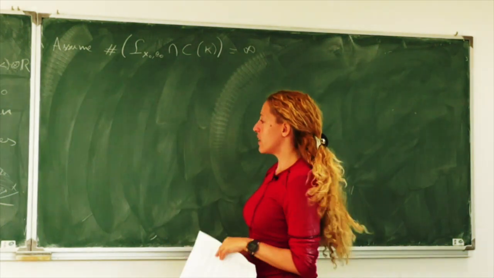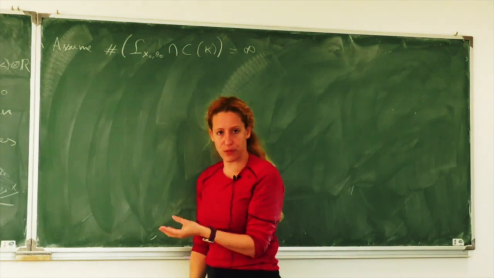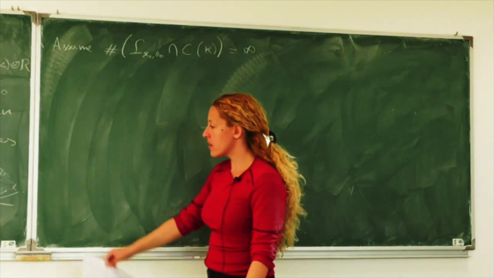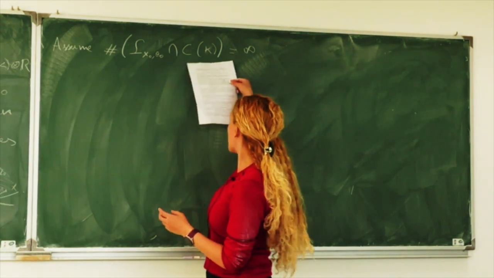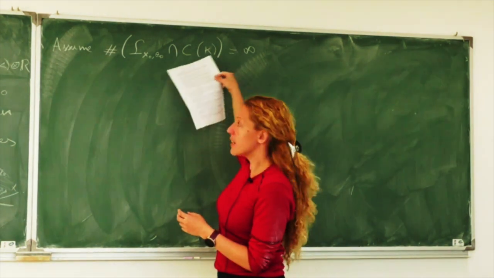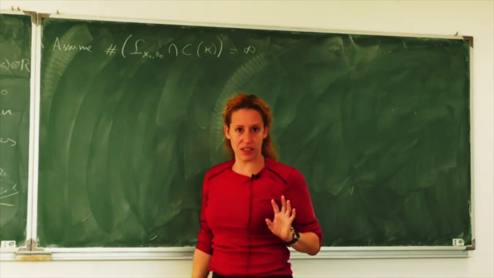The idea is that we are going to cover all the Euclidean space with those cones. We want to prove that this is not possible if the angle has some properties.